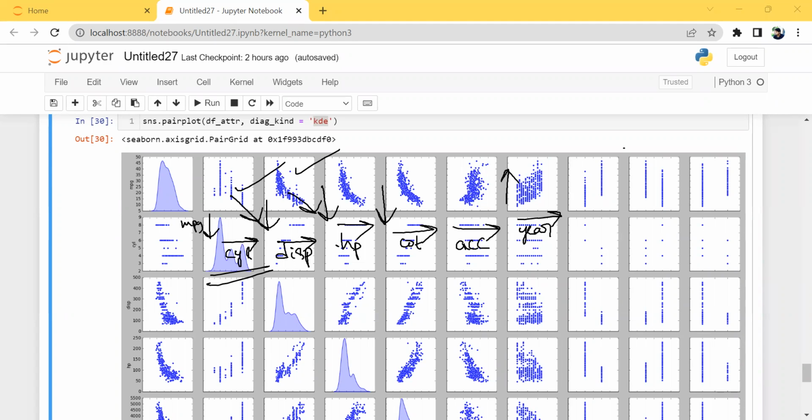Okay, so now look at this particular graph, sorry, hp versus mpg. What is it saying?